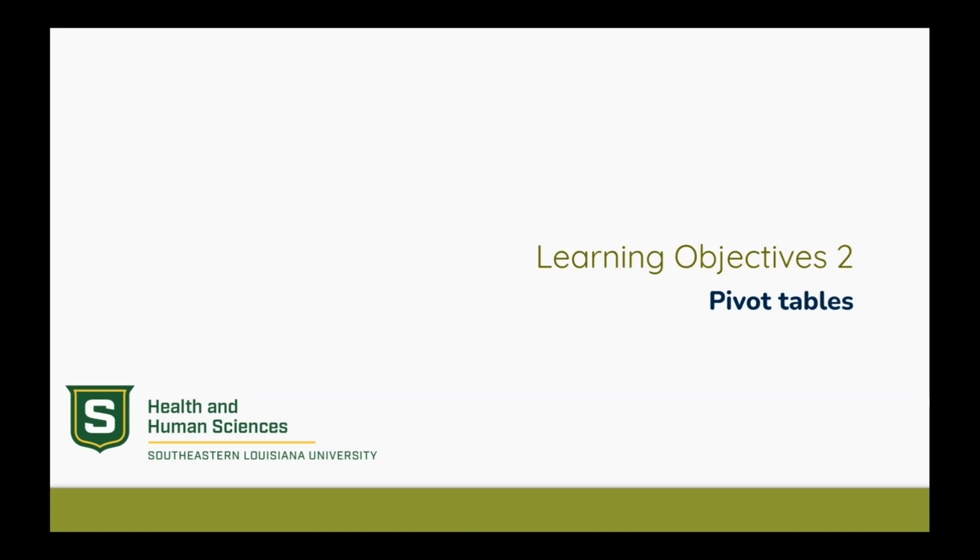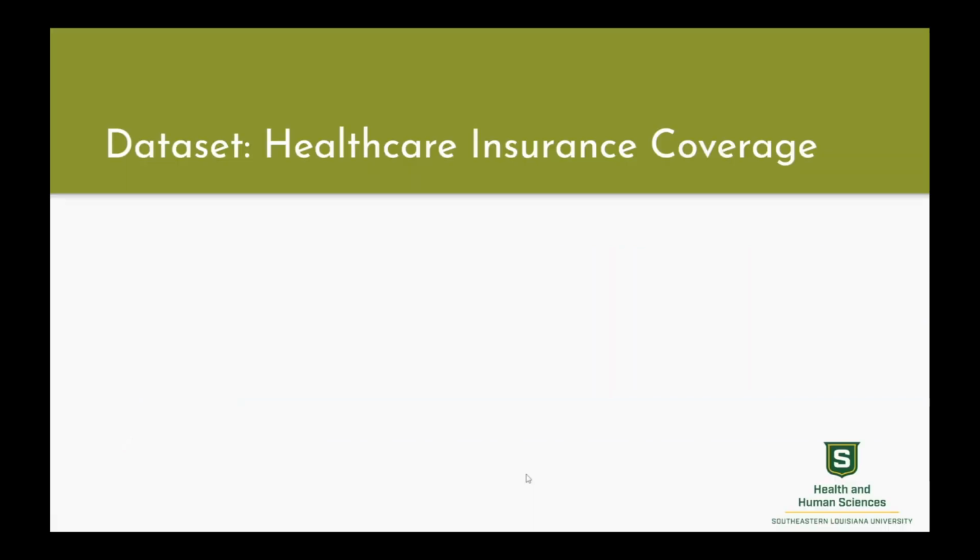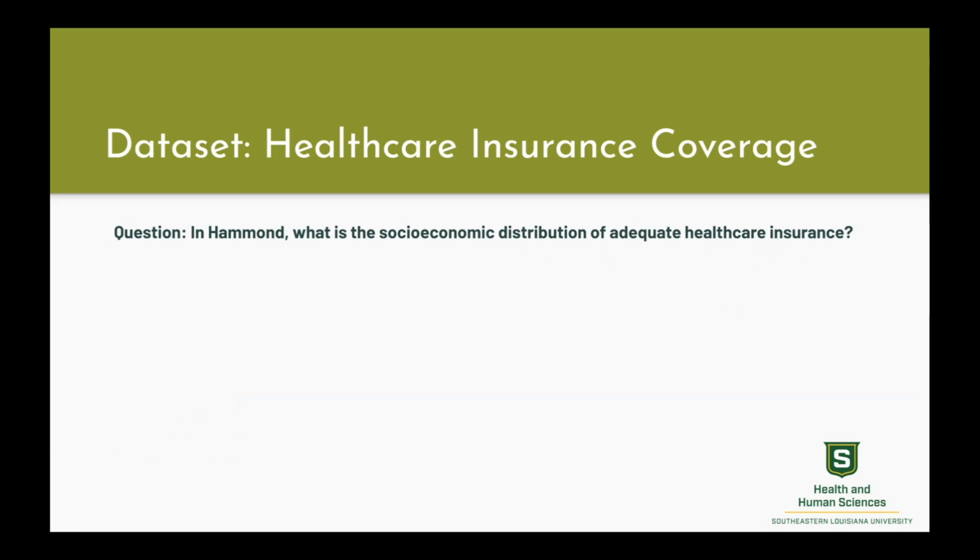But to do so, we are going to go to our data set and set the scene. We're still using the same data set of health insurance coverage. And remember, this is the question.